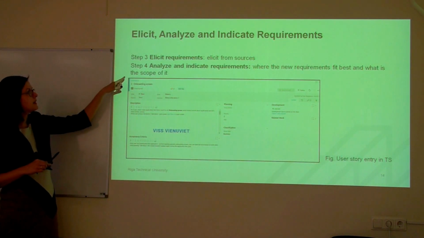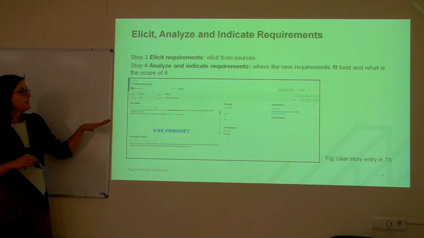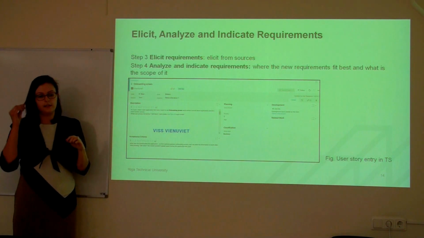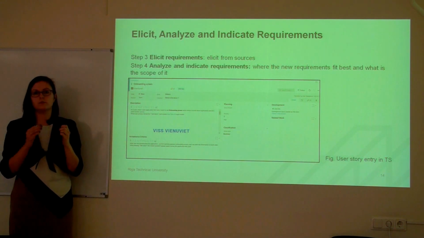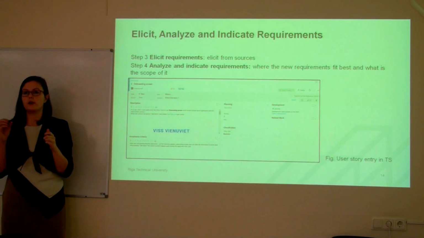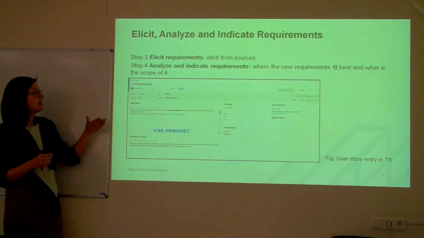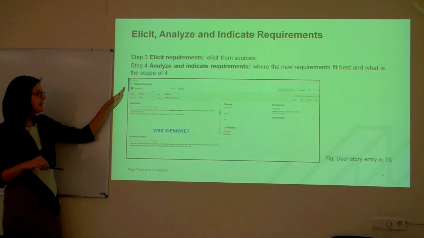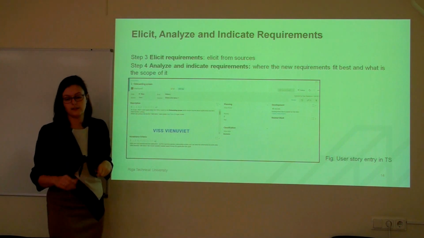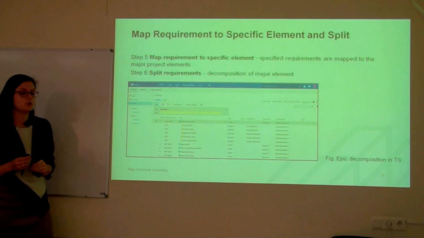Then step 4, analyze and indicate requirements. There is the moment when I need to think how to divide these requirements by the technical scope or design scope or etc. So I create the next level user story, which is shown here in step 4. Then I map requirement to specific element.